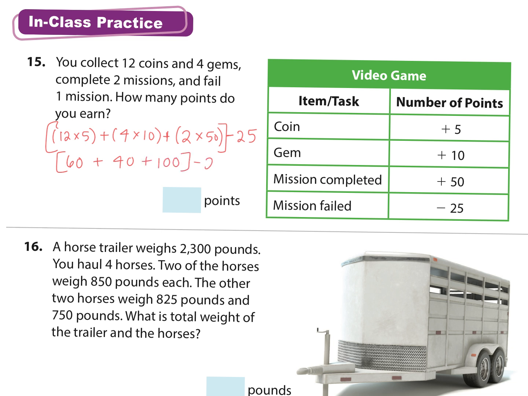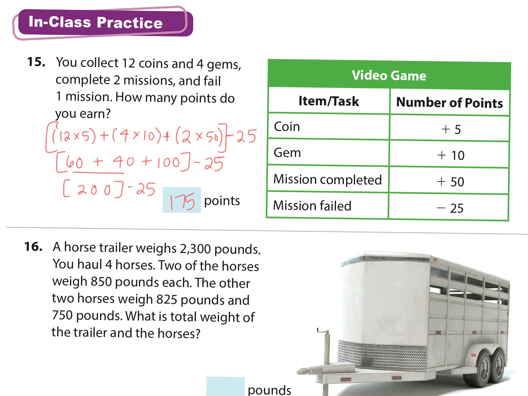Now, if I had more room, I would be showing each and every step of my pizza format, because this technically is not pizza format because I would do one thing at a time. Okay, so now what I'll do is I'll combine all of this. 60 plus 40 is 100, plus another 100 makes 200. And then I want to subtract 25 from that, so the total number of points that I have should be 175.